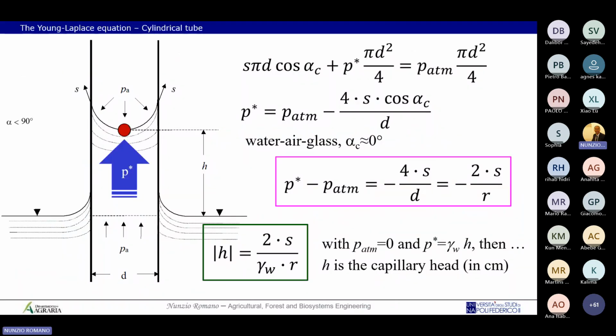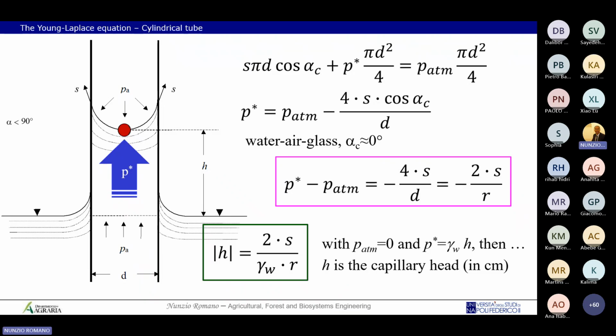The meniscus prevents the atmospheric pressure from going into the water bowl. It's like someone preventing the air from entering into the capillary tube. I don't know if this is clear.